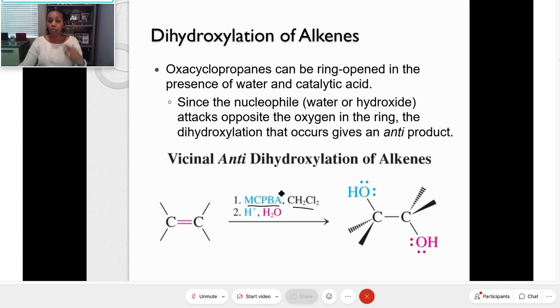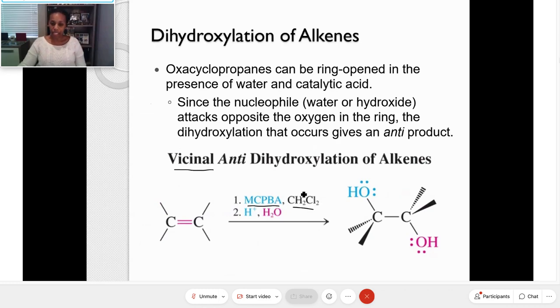This one is actually going to ring open the oxycyclopropane, giving us a vicinal dihydroxy group. So we get this vicinal dialcohol here, two alcohols in the vicinity of one another, formed after this MCPBA reaction. It has to be two separate steps. You can't just throw everything in at one time. It has to be two steps.